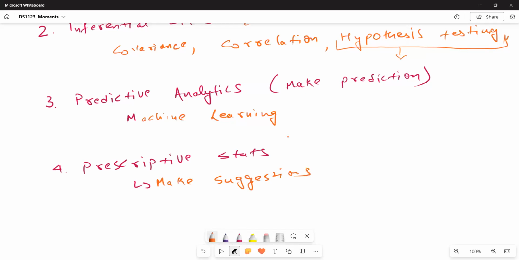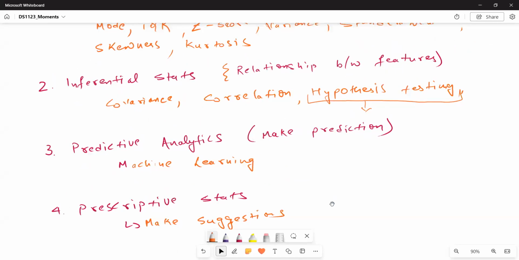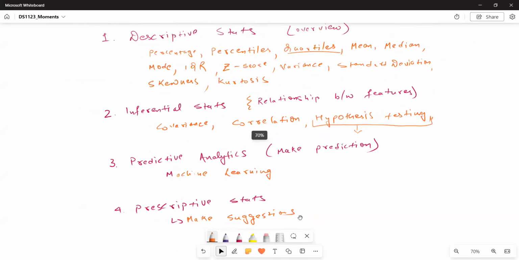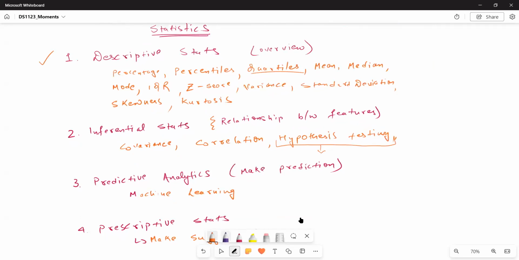So here you can broadly classify the complete statistics into these four parts, right? First is the descriptive statistics, where you get to know the overview of the data that you're dealing with. The second is the inferential statistics, where we try to understand the relationship between the features.